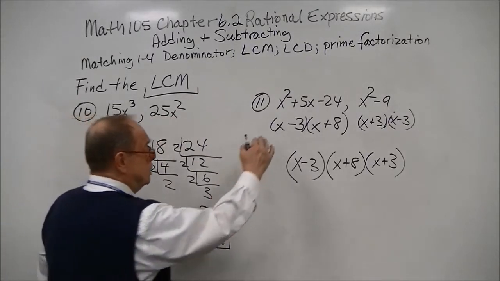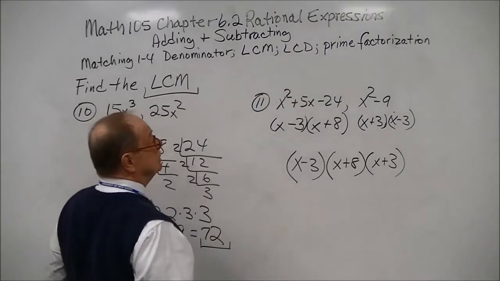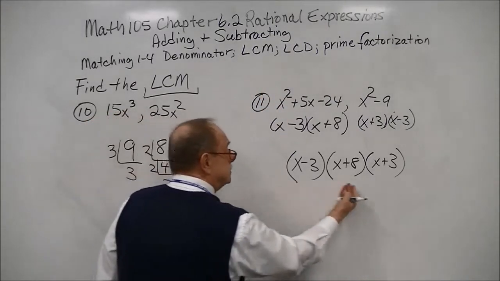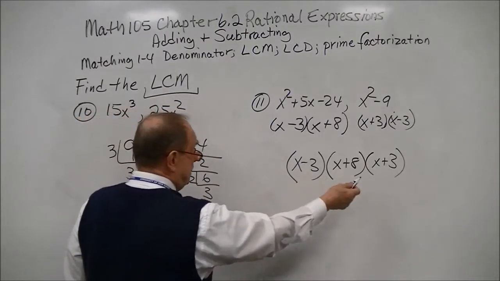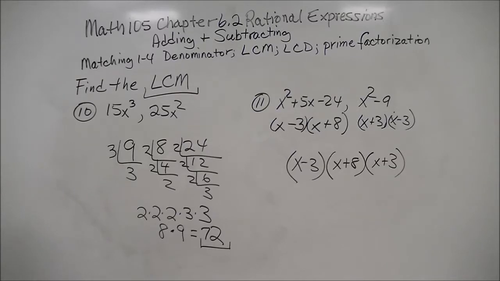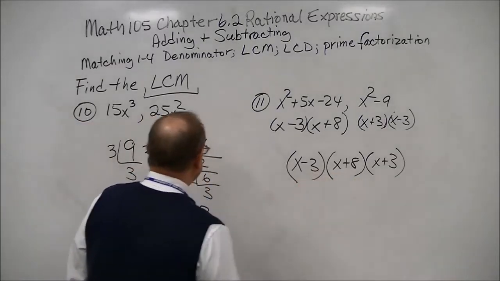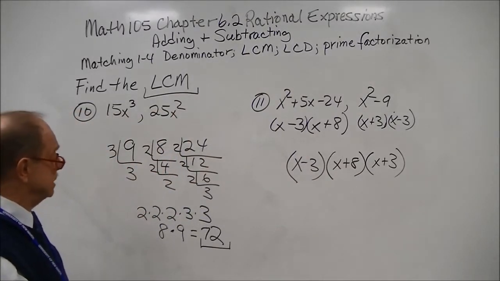So if these were our denominators in later rational expressions, this would be our least common denominator. Okay, and if we multiply these together, that's what we're looking for, the least common denominator.